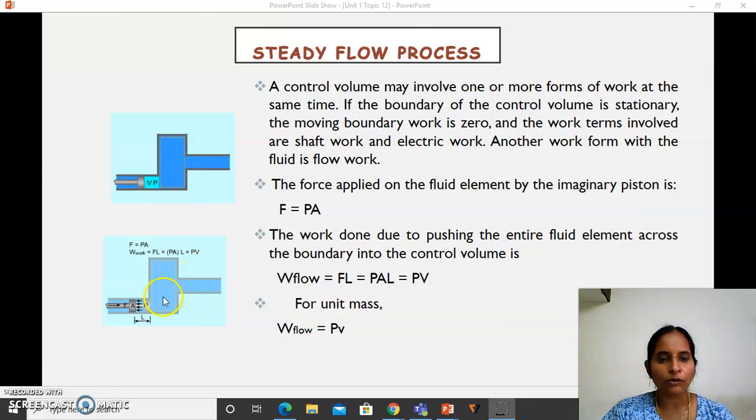Another very important concept is flow work or flow energy. Why flow work comes into play with open systems is that in an open system, fluid is coming in and going out continuously. The flow takes place. In our home, you are taking the water from the underground, right?